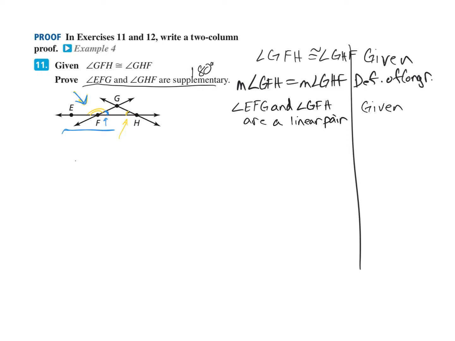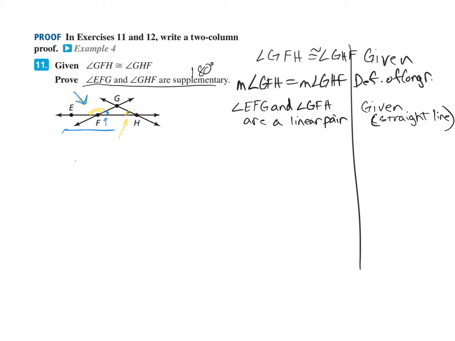There, it's a straight line, okay? So we know that just by what's in the picture, it's a straight line. It's not given up above, but we can see that in the picture. It's not an assumption, it's a straight line.